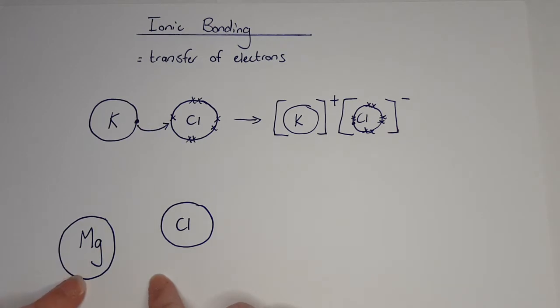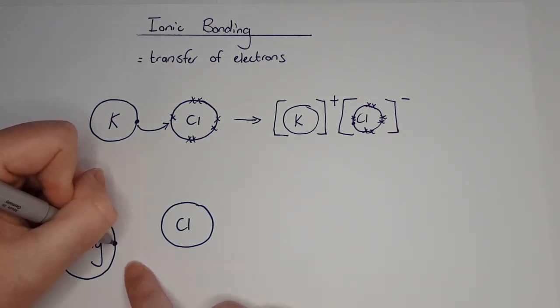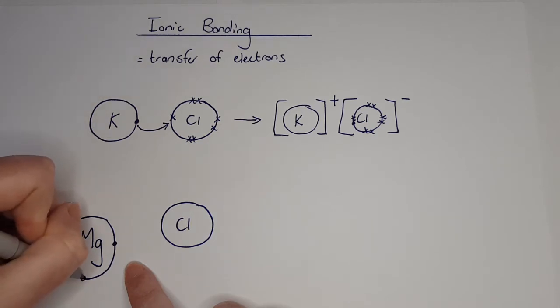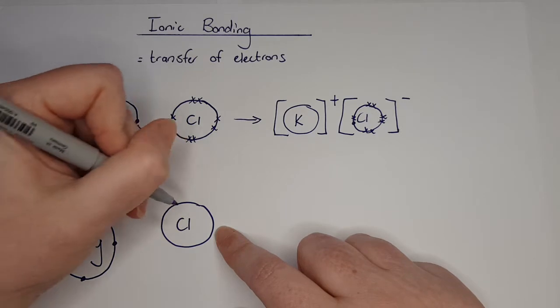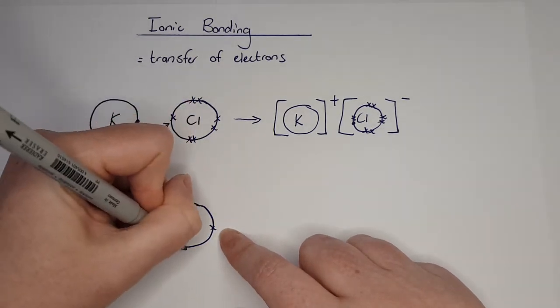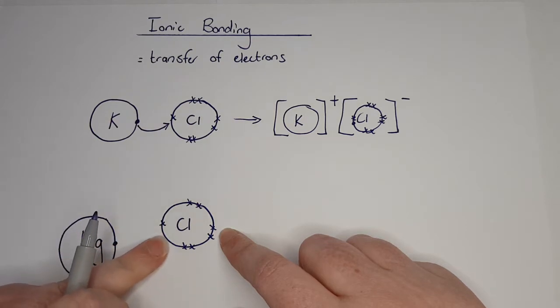So for example, the next one, if I have magnesium, which is in group 2, so it has 2 electrons in the outer shell. And if I'm joining it with chlorine, which has 7, it's only missing 1.